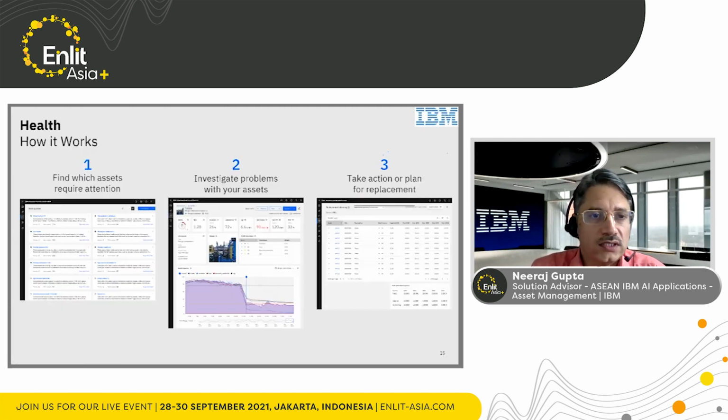So how it works is that there are several work queues that we provide out of the box, like showing me all the assets which are low in health, or based on a particular parameter. It also helps us improve our data quality. We know that OEMs provide a useful life estimate for each asset. For example, my asset should work for 15, 20 or 30 years.